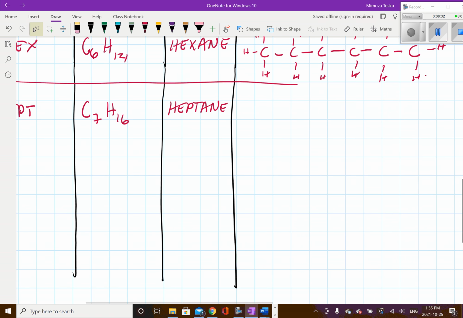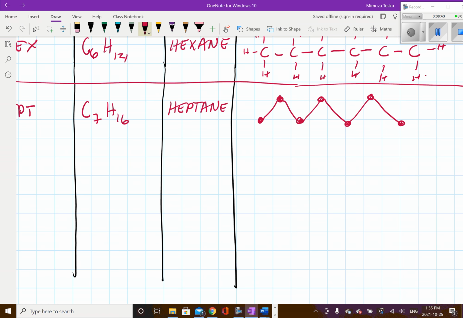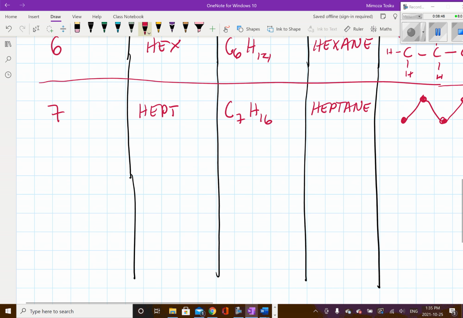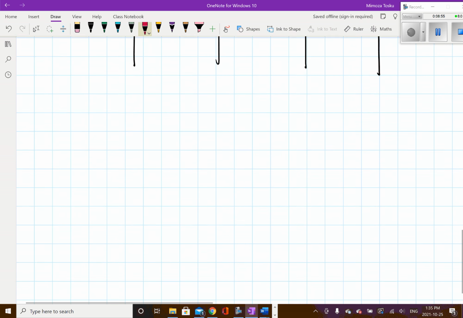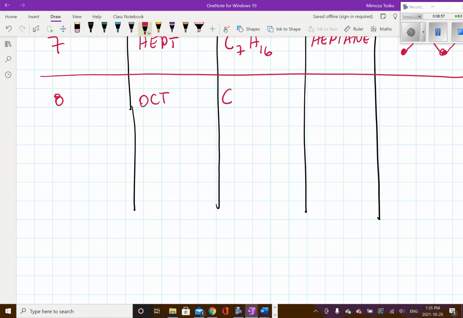And the structure will be something like this: 1, 2, 3, 4, 5, 6, 7. Next one is 8, and you guess it is oct. So it will be C8H, 16 plus 2, 18. And it is octane.